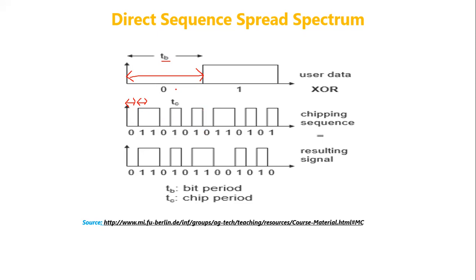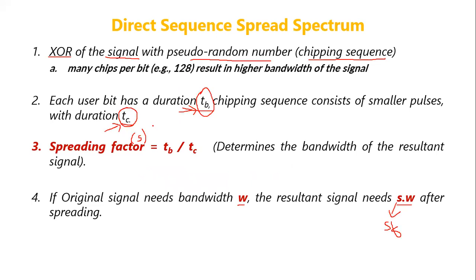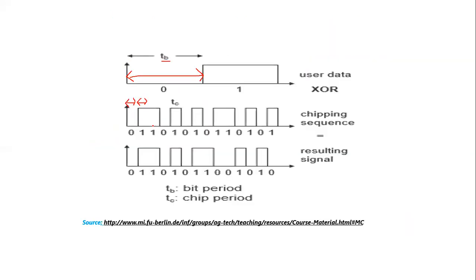If TC, the time duration of the chipping sequence, is equal to 1, then TB will be 7, because 7 bits of chipping sequence equal 1 bit of user data.